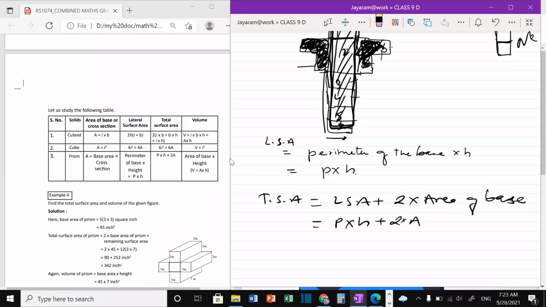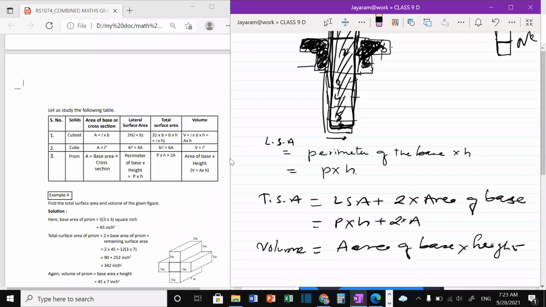It became easy. Now next is volume. To find the volume, the area of base is already found, you just multiply it with its height. First we have to find the area of base.